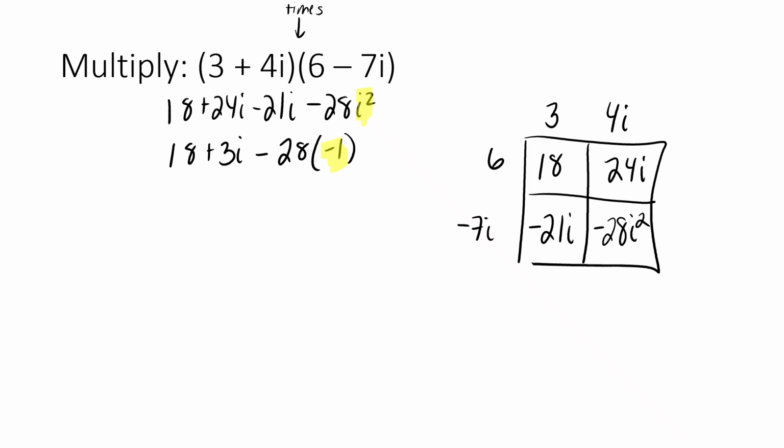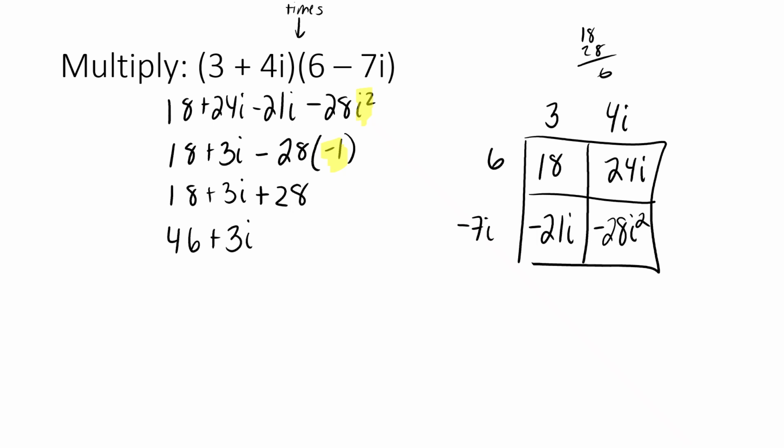And what that does is it allows us to keep going in this problem. So we have 18 plus 3i, -28 times -1 is positive 28. And then positive 28 plus 18 is 46.